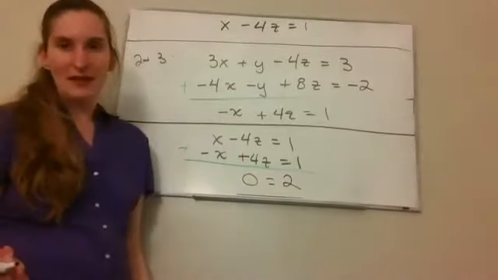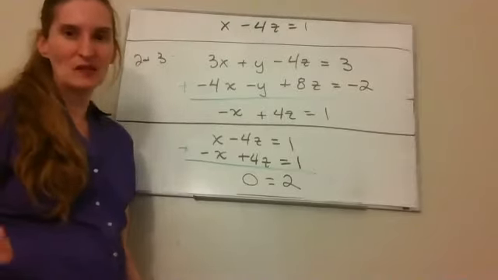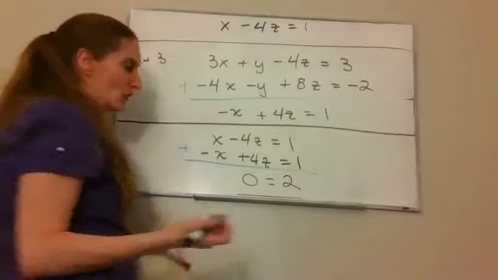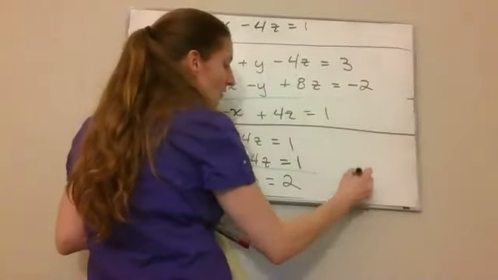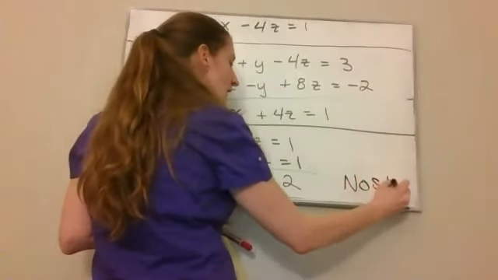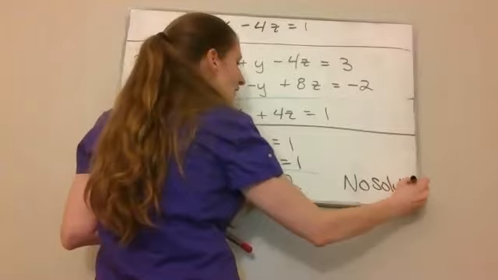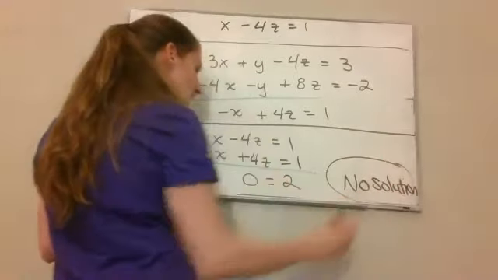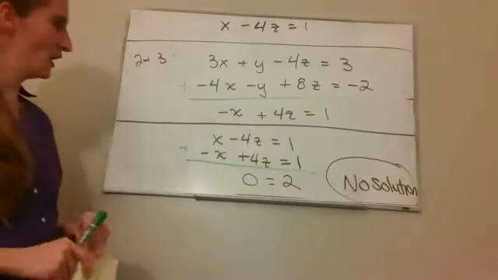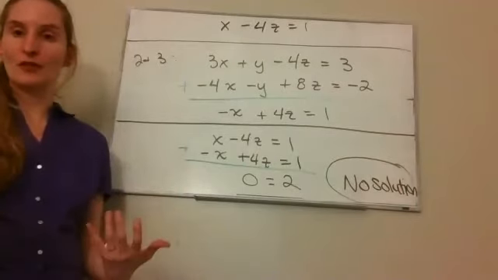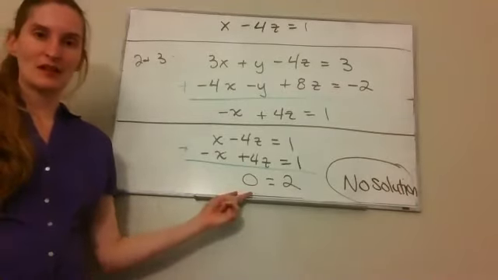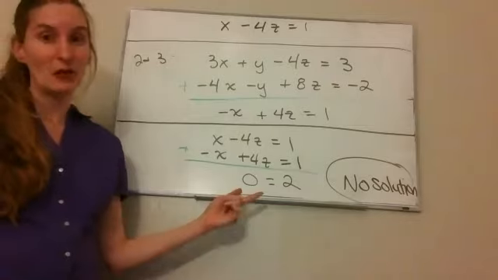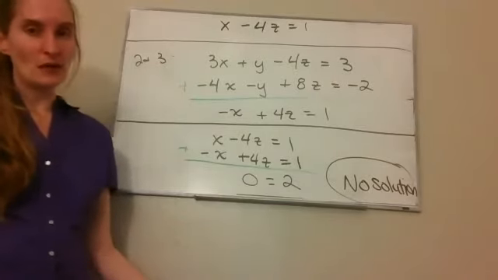So what does that mean? It just means there's no solution. Just like when we had equations with two variables, it's possible to have no solution. So if you're doing a system of equations like this, and you get something that's complete nonsense, like 0 equals 2, you know there's no solution.